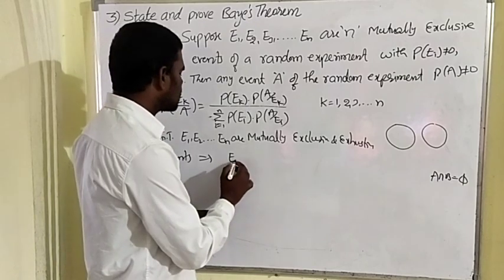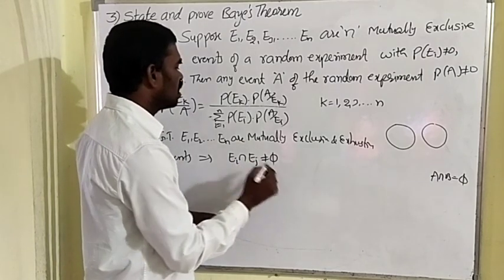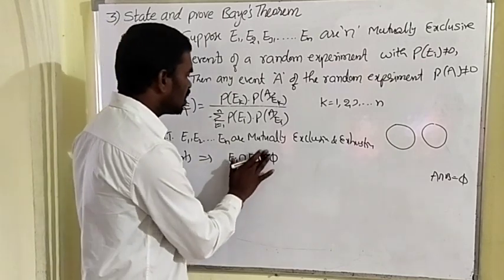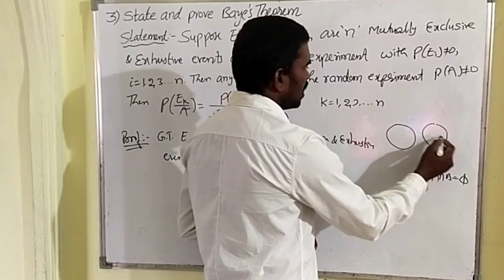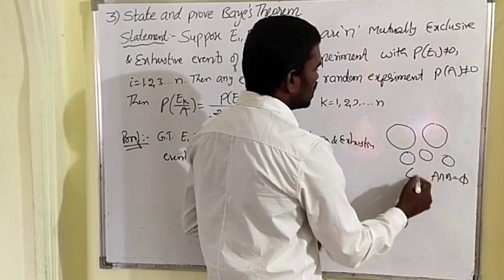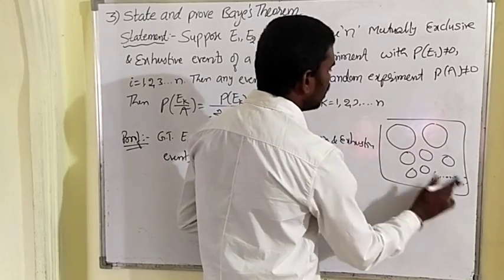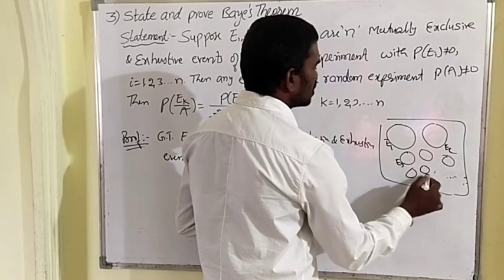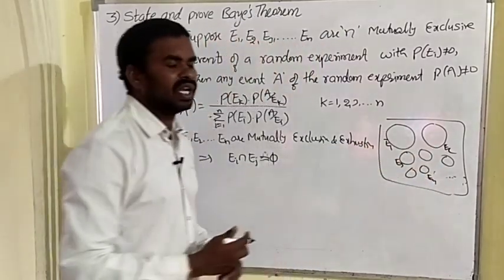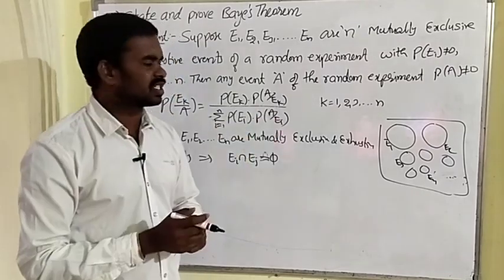So I am writing Ei intersection Ej is equal to empty. That means E1, E2, E3, E4, E5, E6, E7, all events are E1, E2, E3, and so on up to En. All are mutually exclusive, means there is nothing common between any two events.